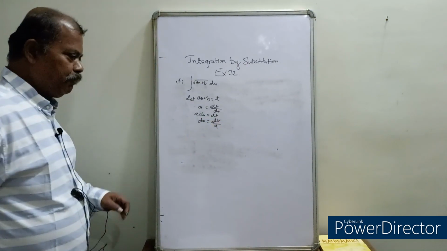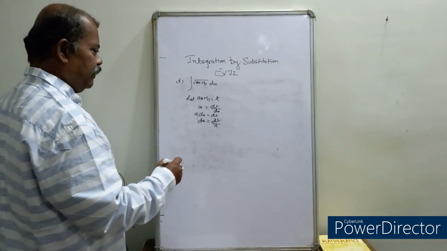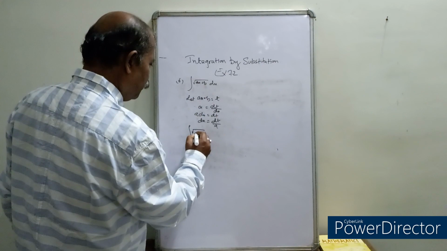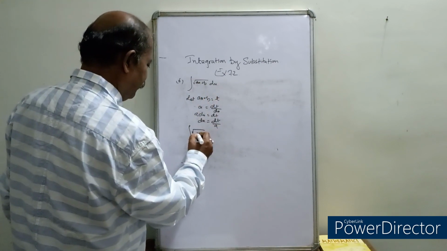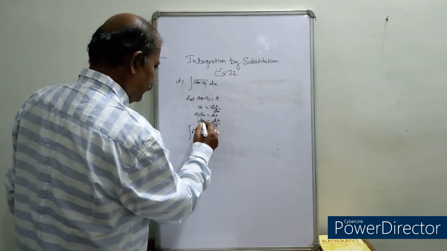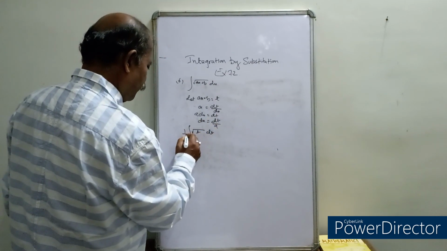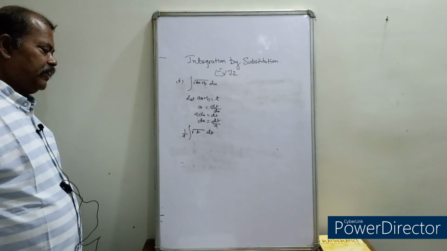So here the integration is equal to root t, where I have taken ax plus b as t, and dx is equal to dt by a, where a is a constant, so I have kept it outside the integration sign.